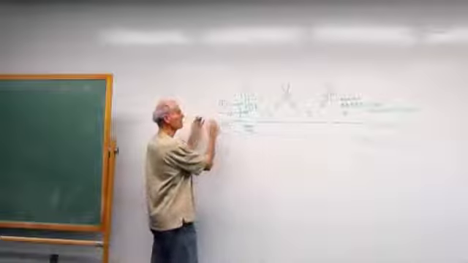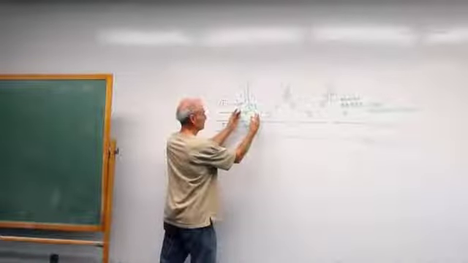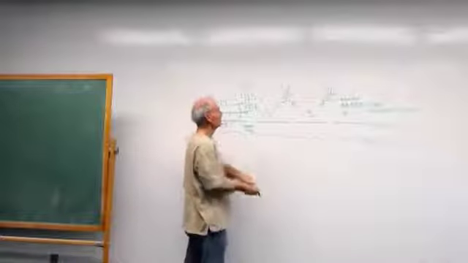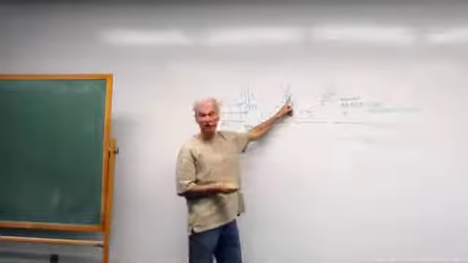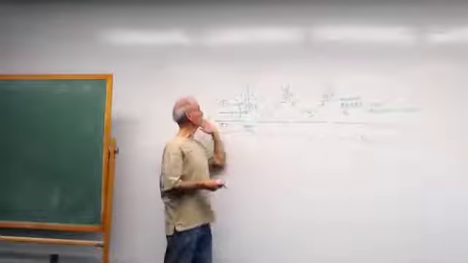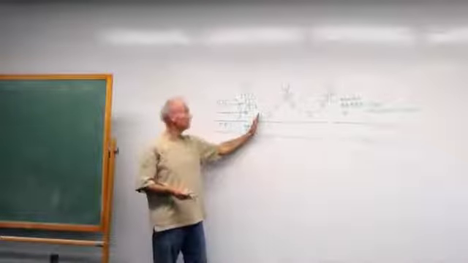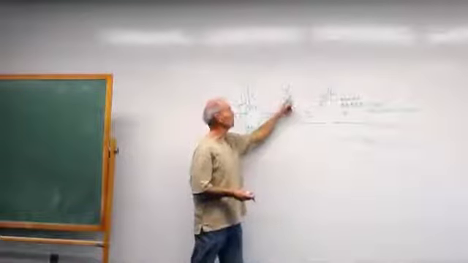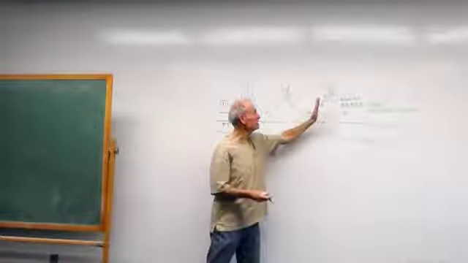But if there's plenty of tryptophan, it goes all the way to the stop codon, then 2 can't block 3. So if it goes all the way to the stop codon, it means there's plenty of tryptophan, and that means you don't want 2 to be able to stop 3. You want termination to actually happen.